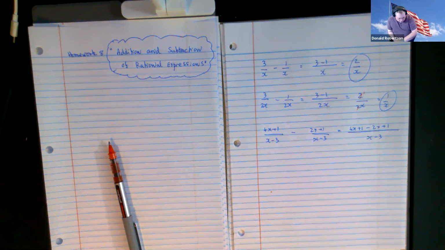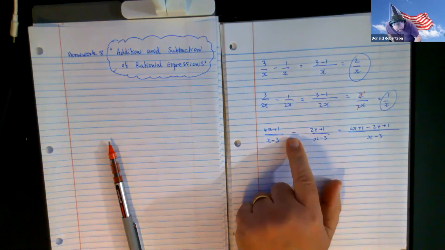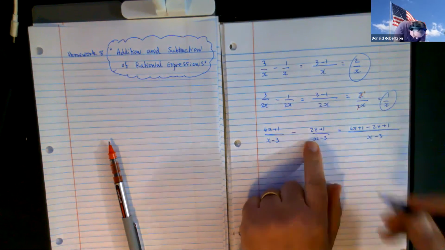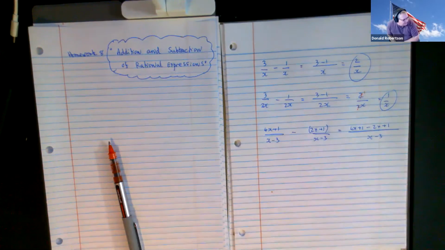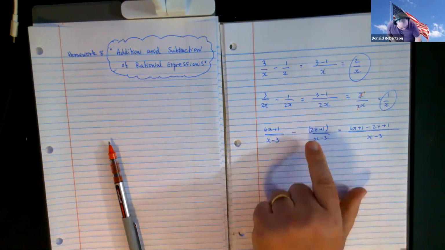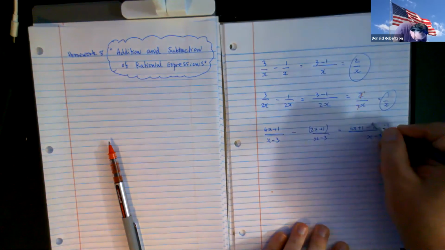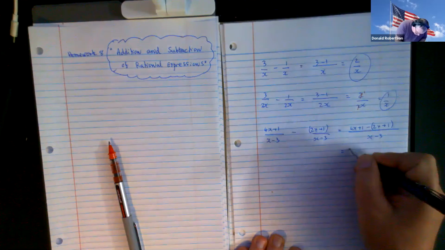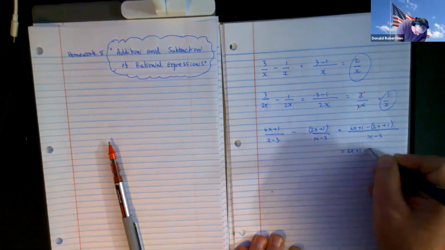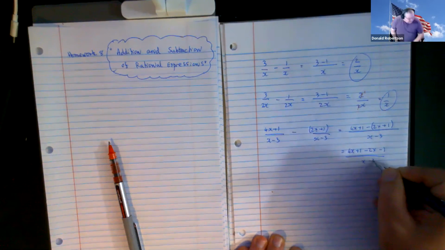The reason why it's wrong is that you don't focus so much on this the way you should. I'm actually subtracting all of that. Not just the 2x, but the whole package. And now if you put a little bracket around it to emphasize that, what you're really doing is the first guy, take away both of the pieces on the second guy.